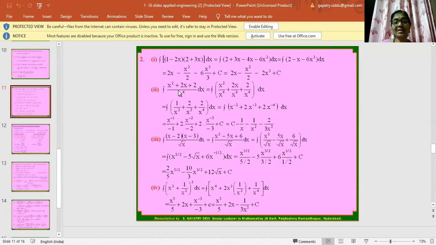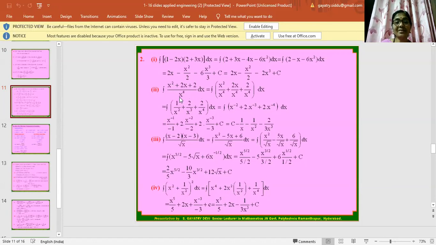And one more, integral of k into f of x dx equal to k into integral f of x dx. That's all. So no form for integral f of x by g of x, or integral f of x into g of x. You have to apply your algebraic knowledge to simplify the product and fraction.